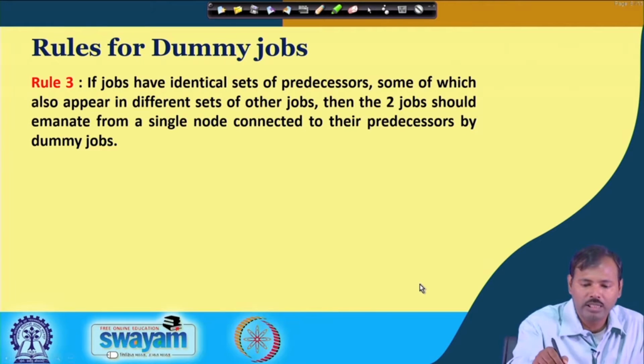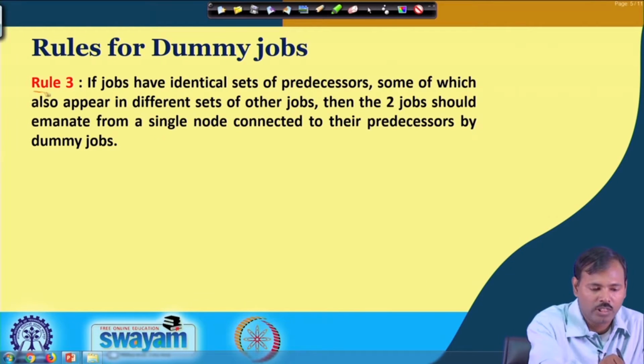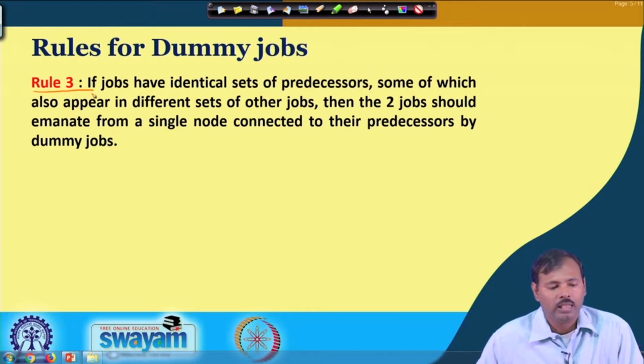Let us look into the other rules. The rule number 3 says, if jobs have identical sets of predecessors, some of which also appear in different sets of other jobs, then the 2 jobs should emanate from a single node connected to their predecessors by a dummy job.